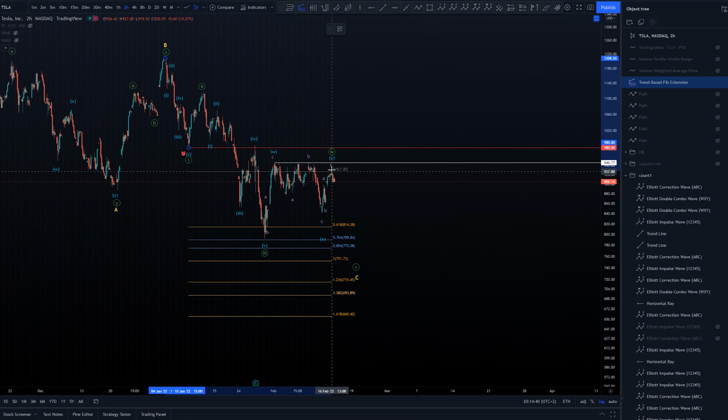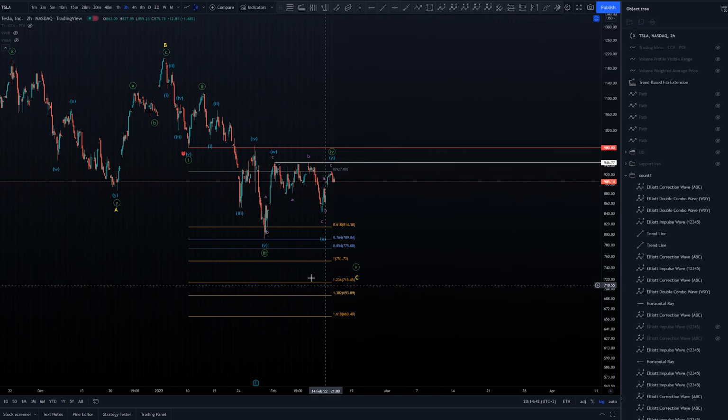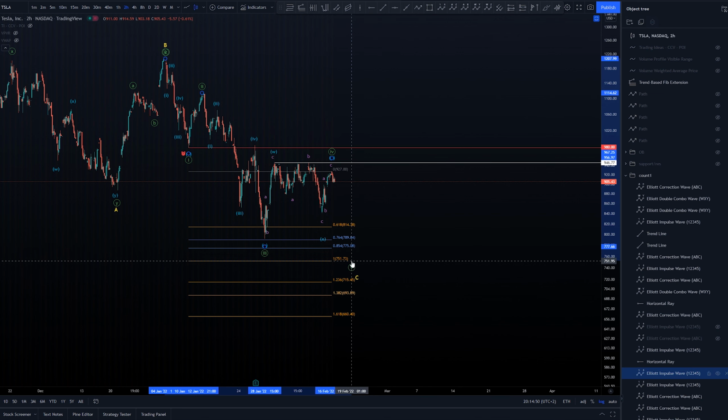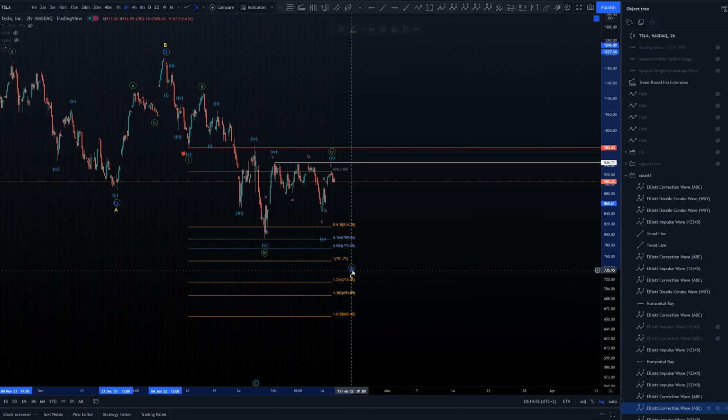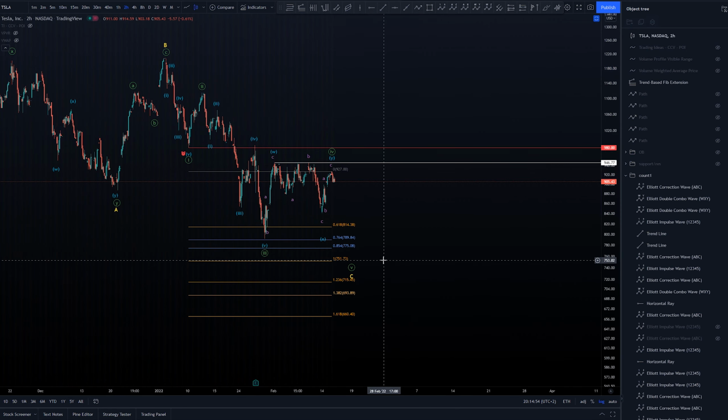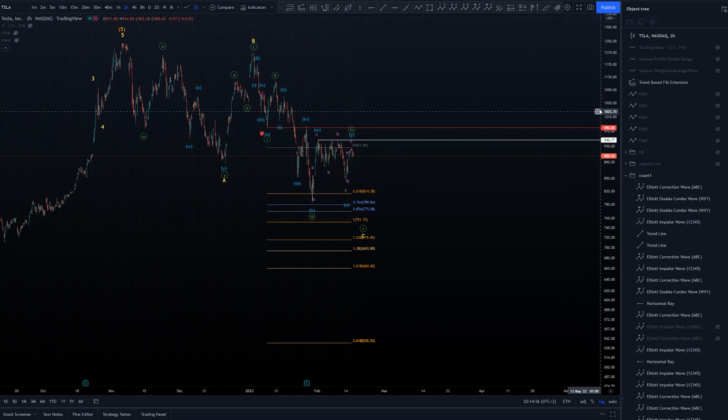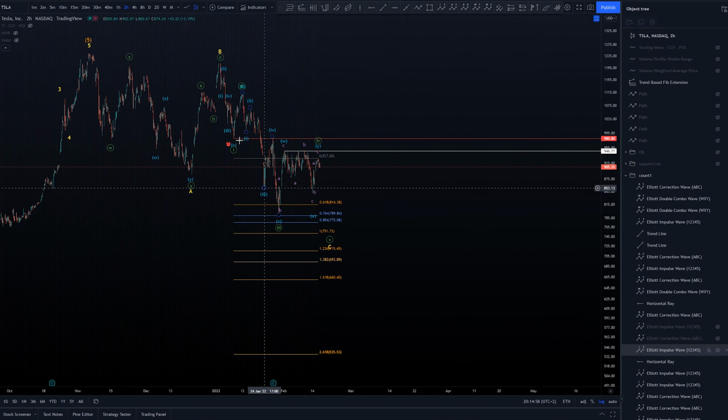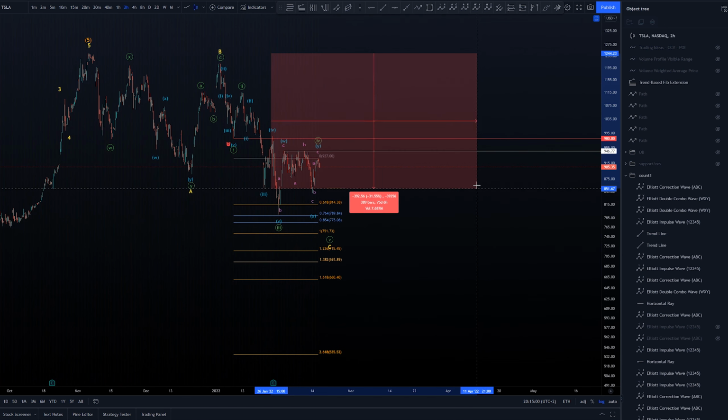So the fifth might, and there's not even a bad possibility for that. But in any case, as nothing has expanded, the minimum I look for would be here, 1-to-1 extension around 750, which is pretty bearish. We've already come down.